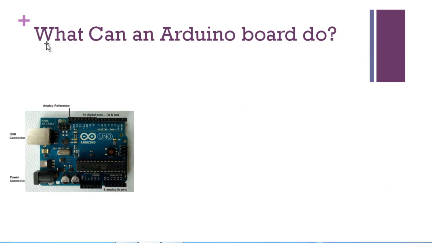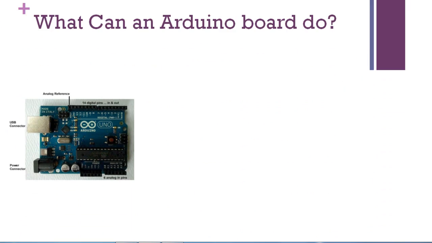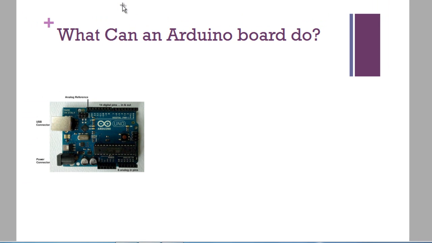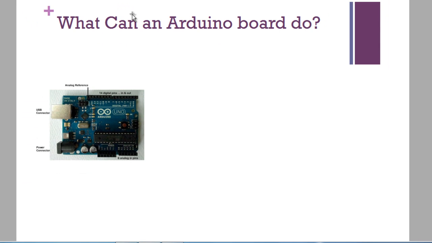the questions that might be coming to your head are, what can an Arduino board do? Well, an Arduino board can do a lot of things. It can help you interface with a motor. It can help you interface with LEDs.